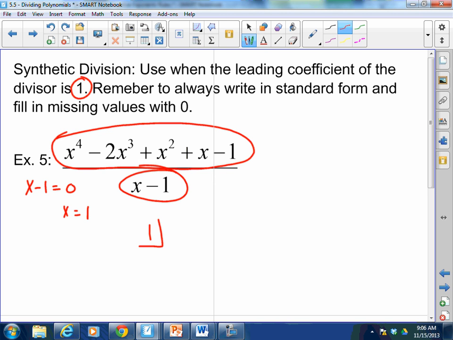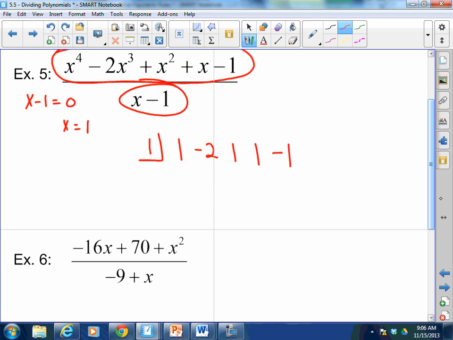So x to the fourth has a coefficient of 1. Then there's a negative 2 for x cubed. There's a coefficient of 1 for x squared, a coefficient of 1 for x, and then you have a negative 1. Okay? Now, drop down the first coefficient of 1. Now, you take this guy in the backwards L, and what's 1 times 1?